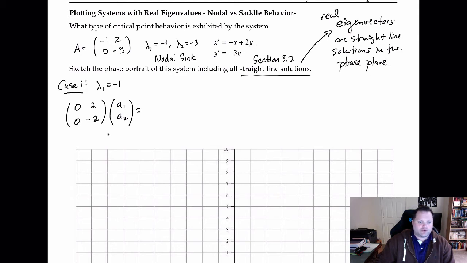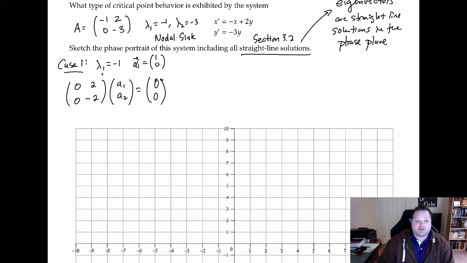If you're adding 1 to the diagonals, this is what you would get. In this particular case, any multiple of the first column will work. I simply have to zero out the second column. So the easiest thing for me to pick here is 1, 0. So 1, 0 is going to be my eigenvector there.